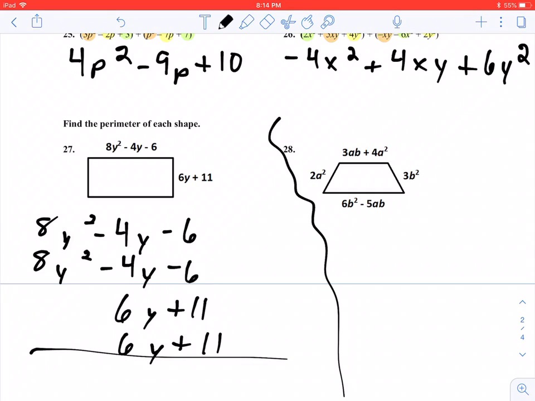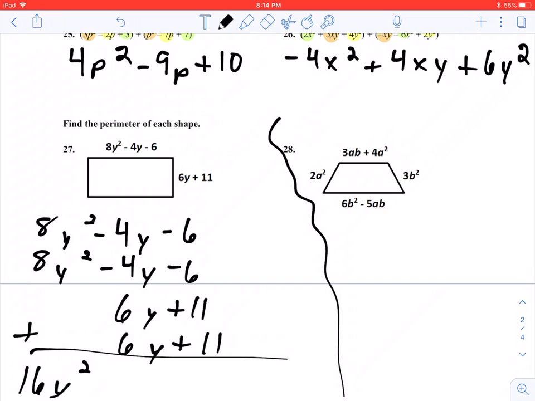Now, what I'm showing you is kind of an alternative way to do this. It stacks up all the like terms, so it makes it really easy to add. We just start with the left-hand column and move to the right. So we have 8y squared plus 8y squared. That becomes 16y squared. And then we have negative 4 plus negative 4, which is negative 8. Negative 8 plus 6 is negative 2.